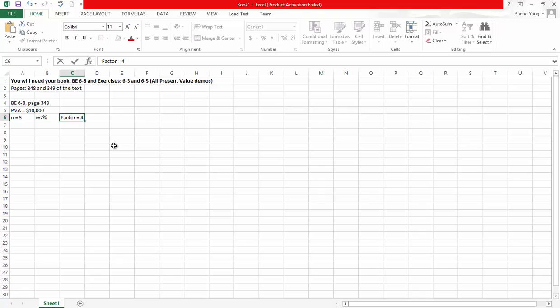So my formula is going to look like this: I'm going to take $10,000 times 4.10020. Let's do the calculation and see what we have.